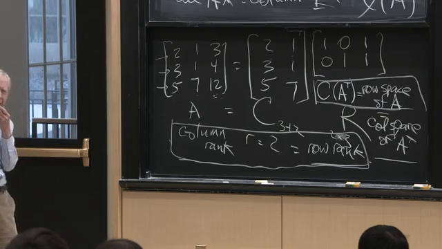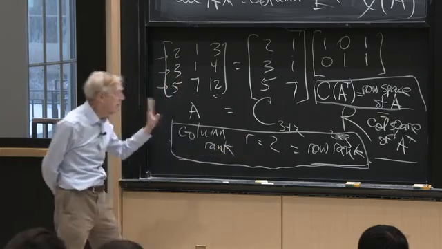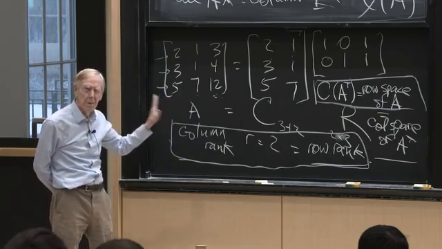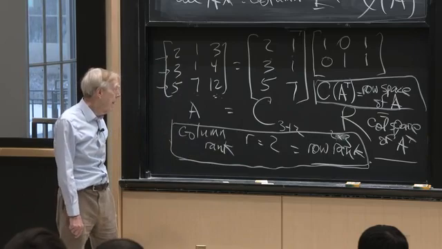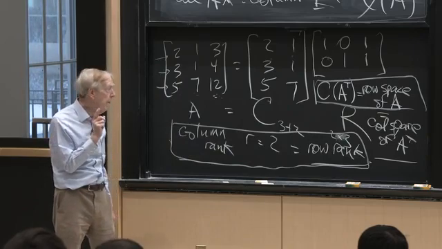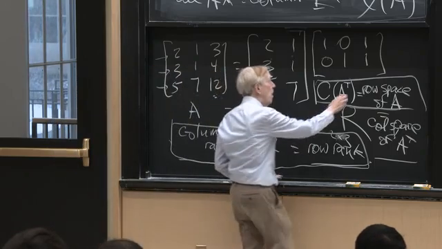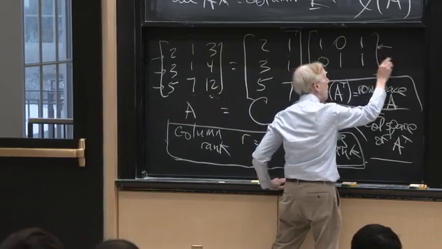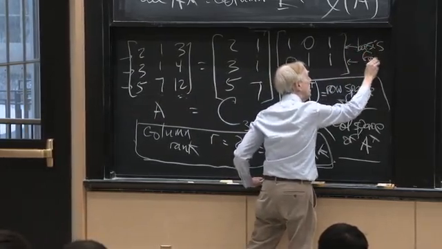Now can I come back to the proof? Because what I want to say is that the proof of this fundamental fact is staring at us, but we don't quite see it yet. And I want to see it. So I claim that these rows are a basis for the row space.